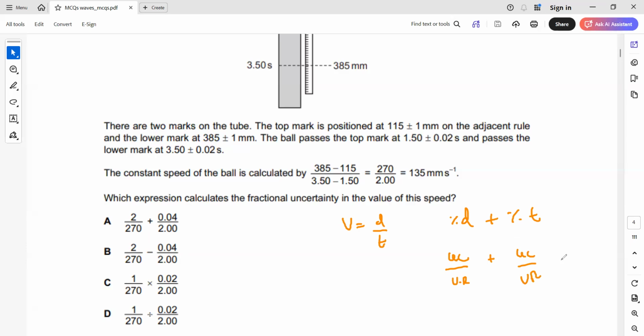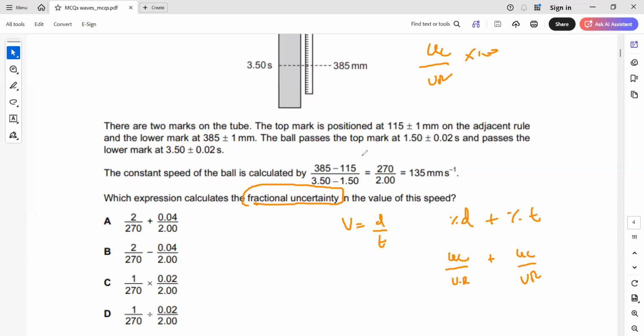We just need a fraction, that's why it is not multiplied by 100, as they just asked which expression calculates the fractional uncertainty. They did not say percentage. Fractional uncertainty is just the uncertainty divided by the value recorded, and percentage uncertainty is when we multiply by 100, so we get a percentage.